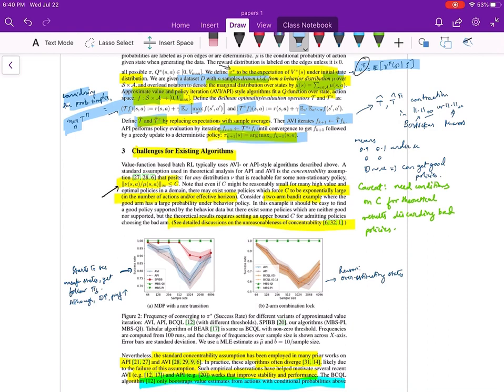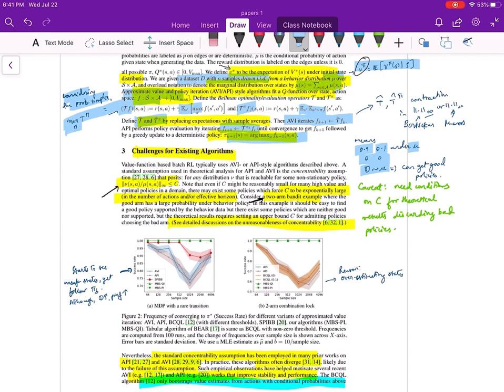They provide a small two-arm bandit problem here. Let's go over this. We have two arms with means, let's say 0.9 and 0.1 under the dataset policy. Since the dataset is being generated by mu, we can get good policies.